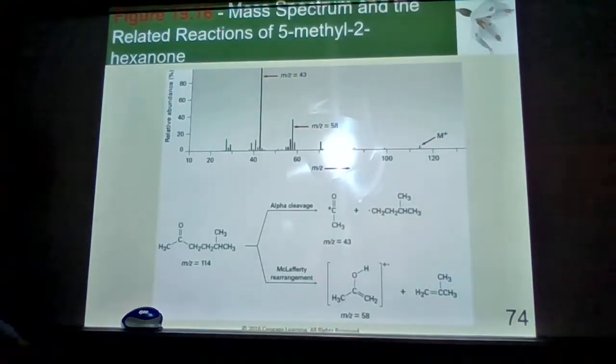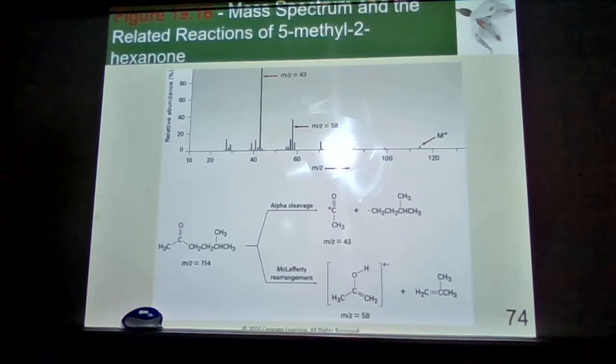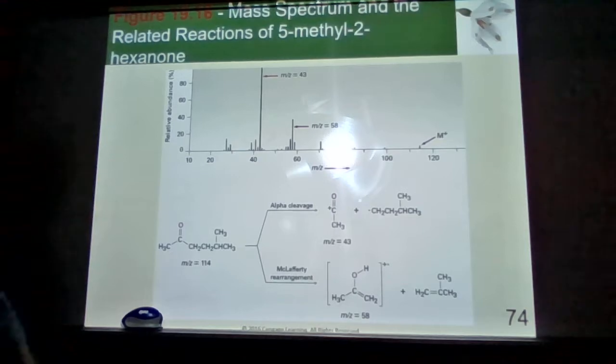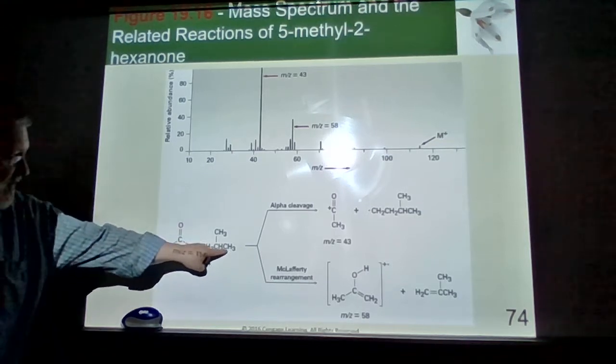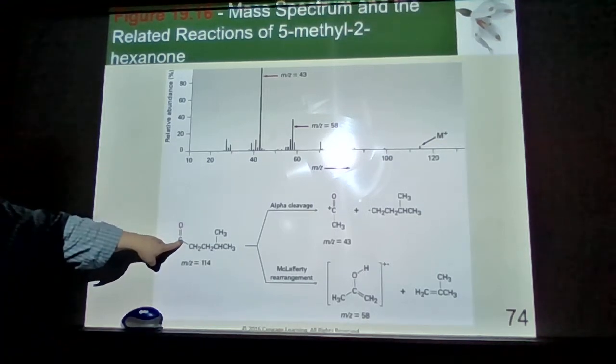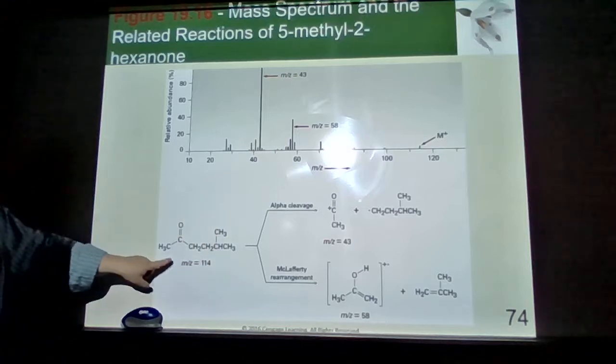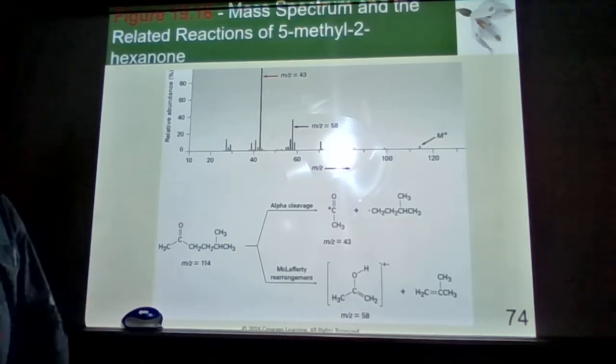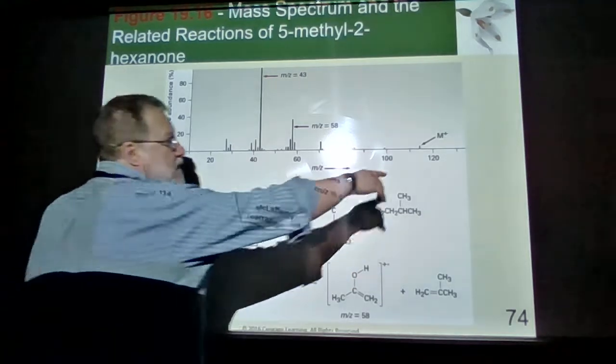So here we have the fragmentation pattern of 5-methyl-2-hexanone. So here's 5-methyl-2-hexanone. 1, 2, 3, 4, 5, 6. So the carbonyl is at C2. We got a methyl group at C5. 5-methyl-2-hexanone, apparent molecular weight's 114. So that's this peak right there.